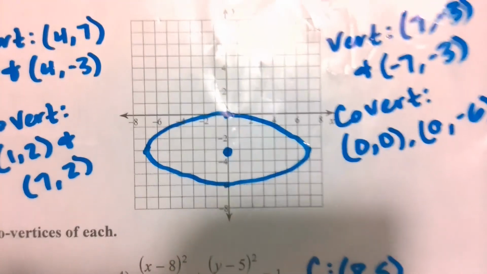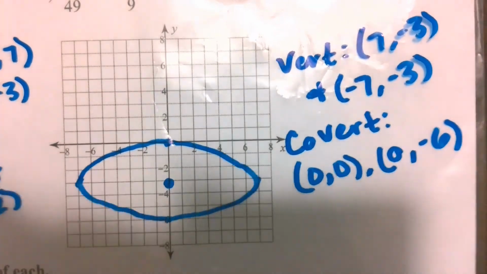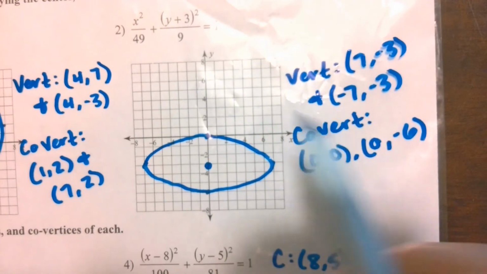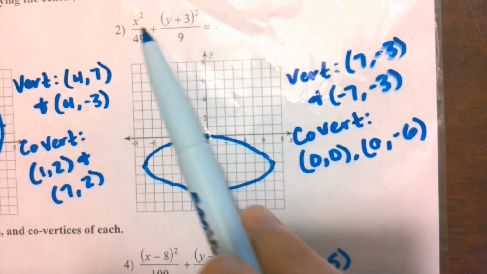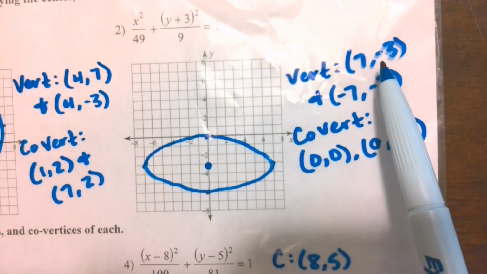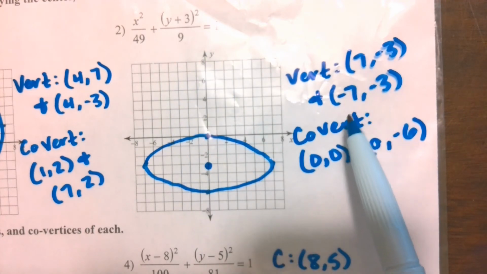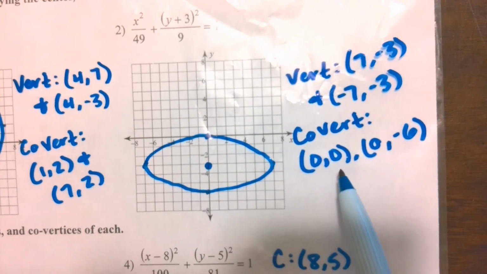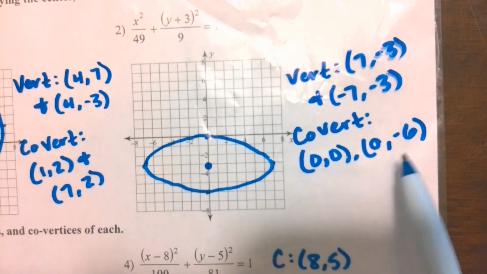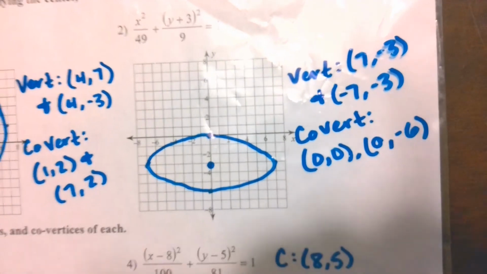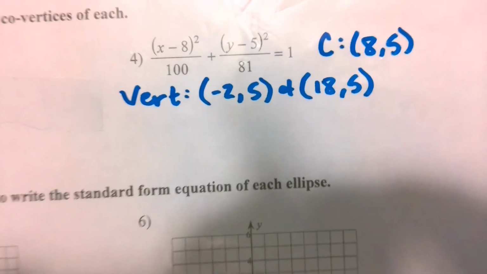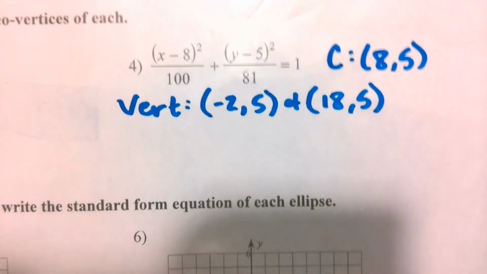And you might notice from the examples that we've already done here that that was already happening. Whatever my center was, so 0, -3, I was just adding 7 and then subtracting 7 from that 0. For the 0, -3, for my y values, I was just adding 3 to it and subtracting 3 from it. Okay, so back to number 4. So there's my vertices.